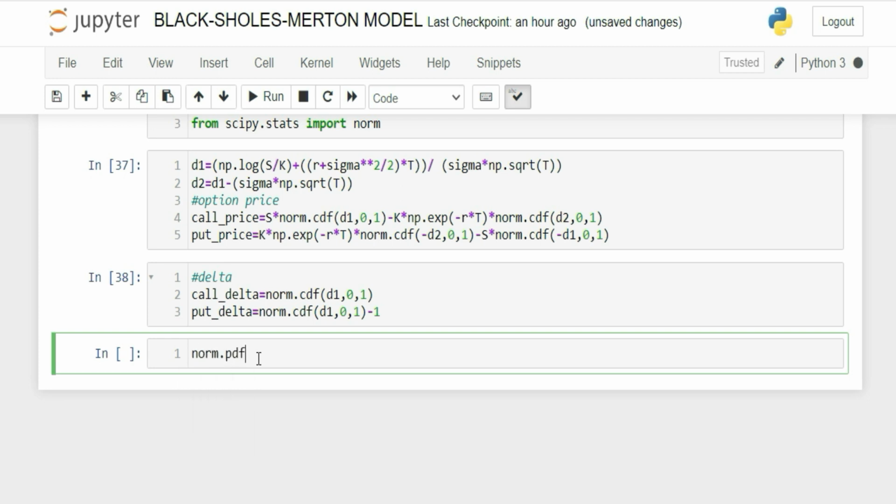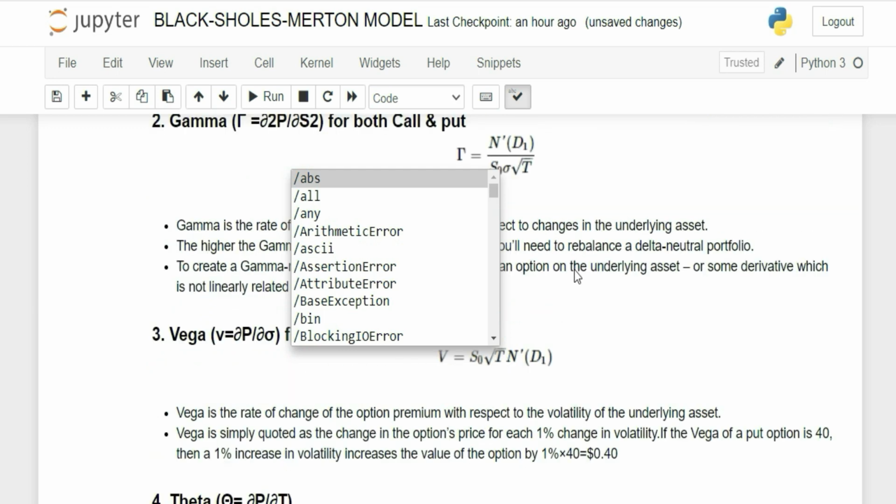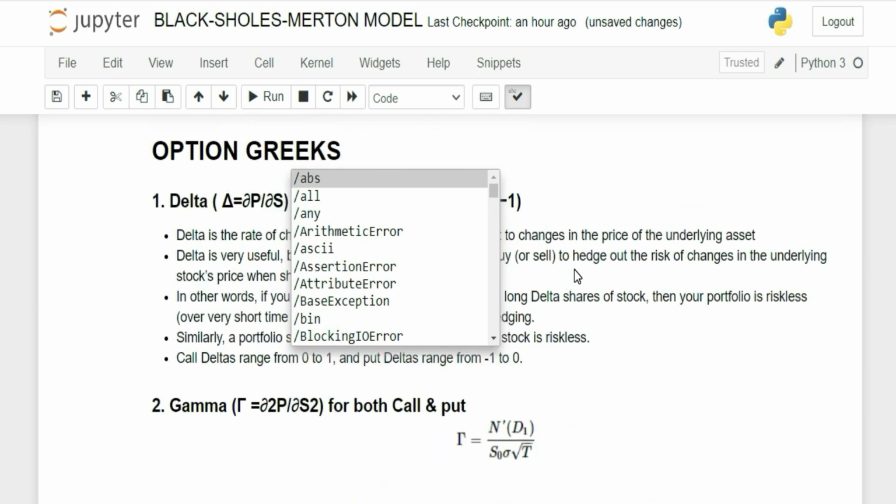norm.pdf of d1, with 0 and 1, divided by S sigma into square root of t.